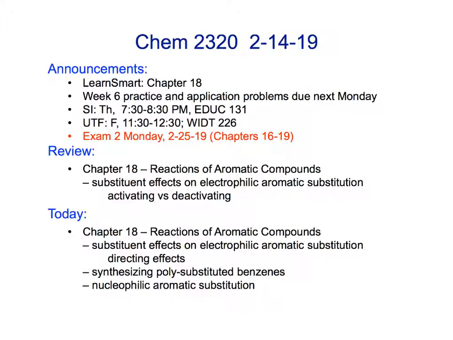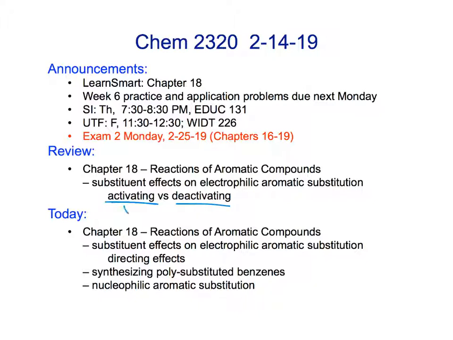Okay, yesterday we started to talk about what happens when we put a substituent on a benzene ring and want to do another electrophilic substitution reaction. We talked about the different groups that we've covered, and we placed them in terms of being activating and deactivating.